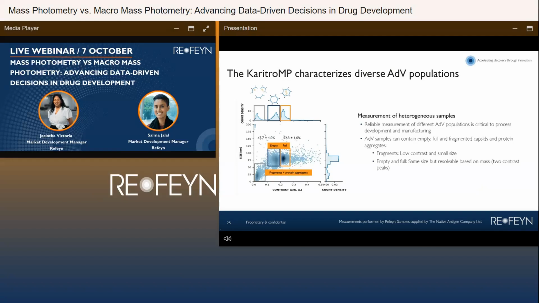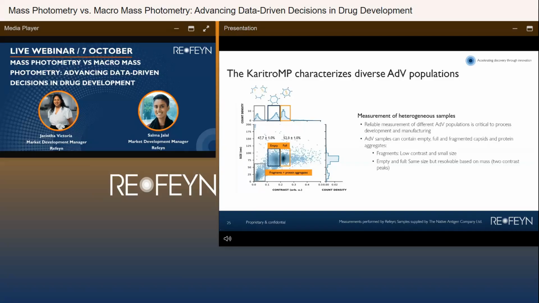So let's quickly touch on the basics again before we dive deeper. So Salma already spoke about how mass photometry differs from macro mass photometry. So very quickly, mass photometry measures the mass of your particles, whereas macro mass photometry gives you the mass-based contrast, but also gives you the size or the diameter of the particle, which is obtained using the Z-sweep that's employed as part of the measurement.